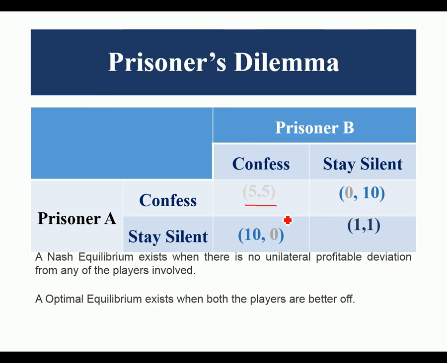Hence, from that point of view, the Nash equilibrium can be seen as an irrational decision. Hence, the Nash equilibrium is not always Pareto optimal. It seems non-rational to the third person because remaining silent reduces punishment.